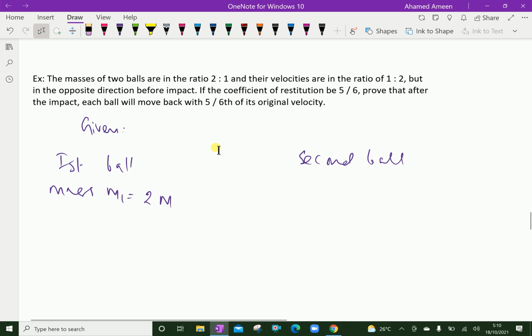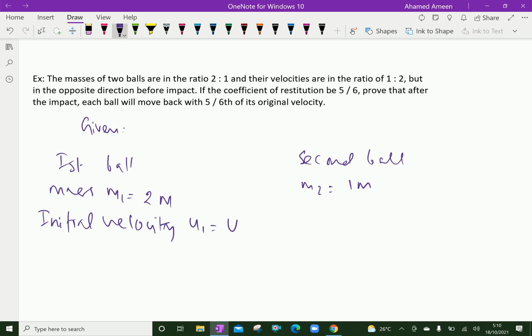Mass of the second ball, m2, equals 1m, that is m. Initial velocity of the first ball, let it be u1 equal to u.